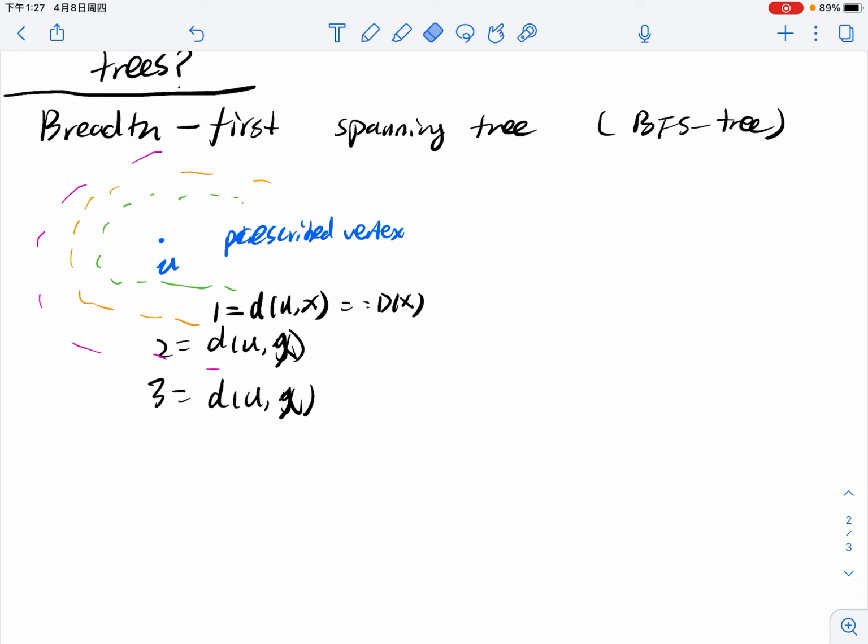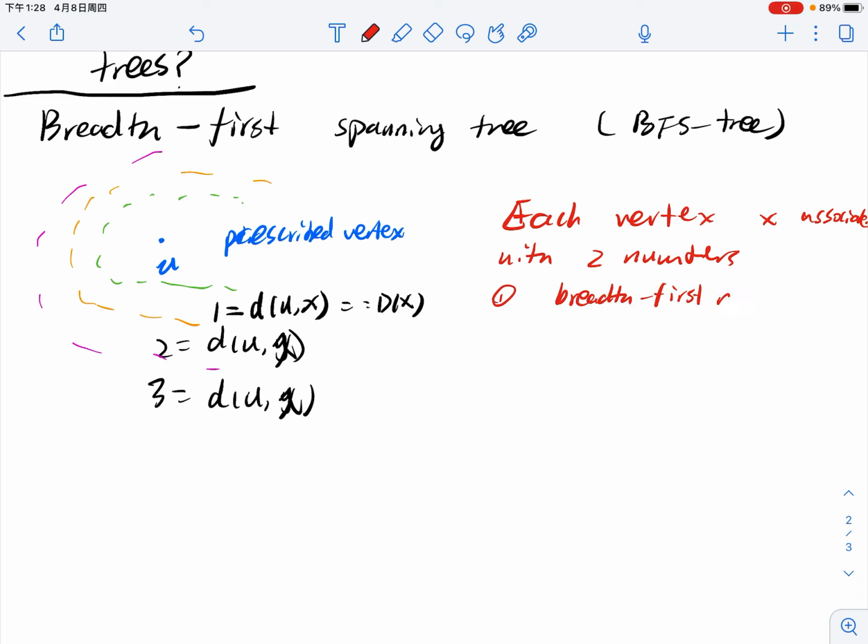And in the following, we will associate each vertex with certain invariants. So each vertex x is associated with two numbers. First is the breadth first number, BF(x).